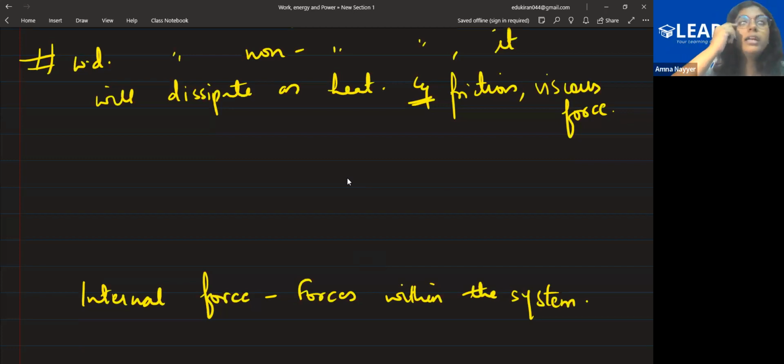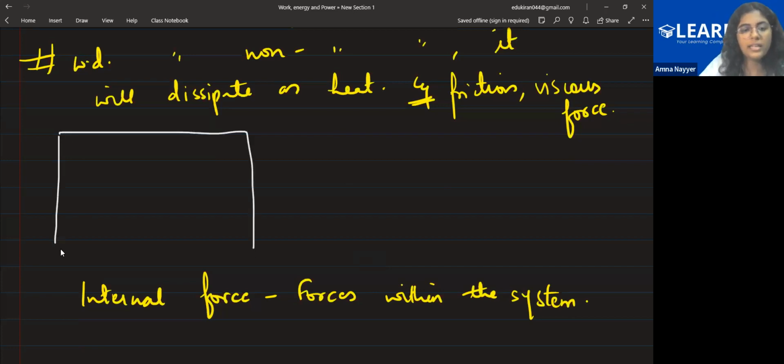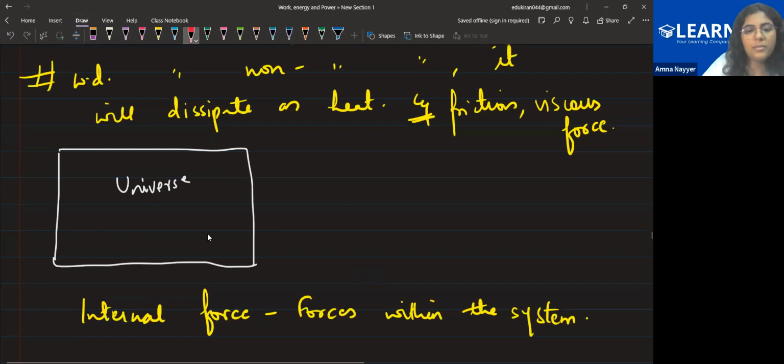In the last class, I also told you about the concept of the system, surrounding, internal forces, external forces, isolated system. If this is your entire universe, in this universe there will be a portion which will be under observation.